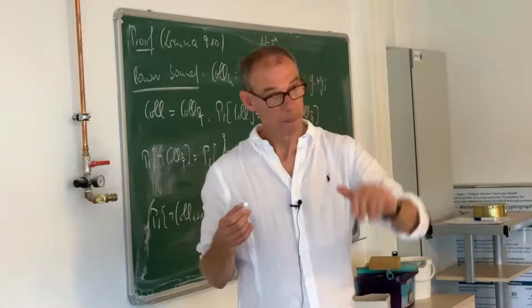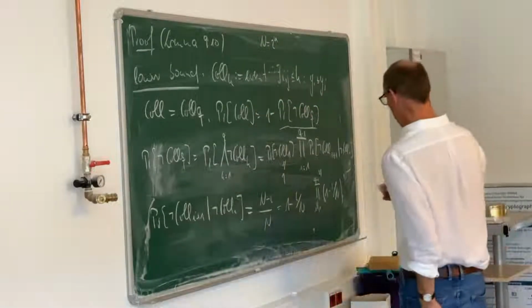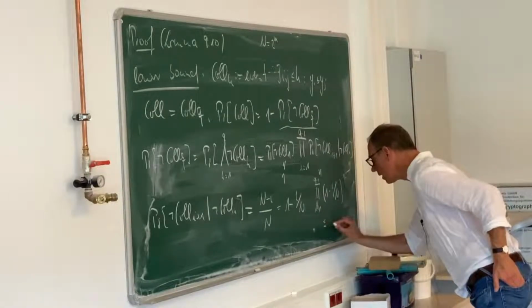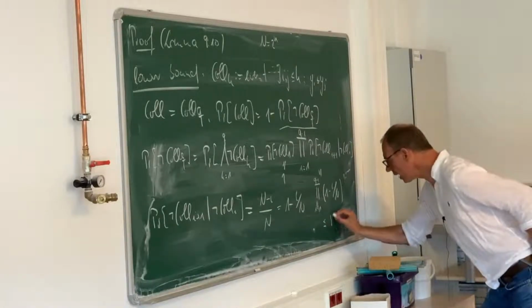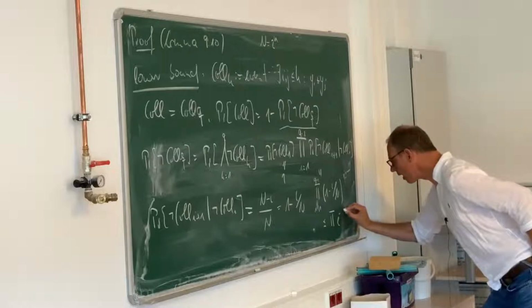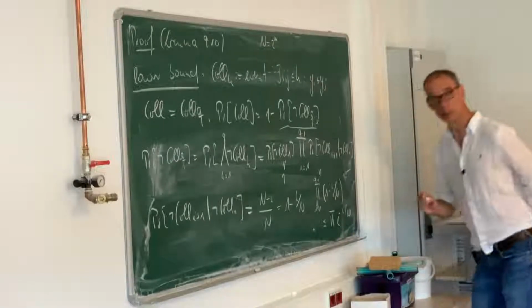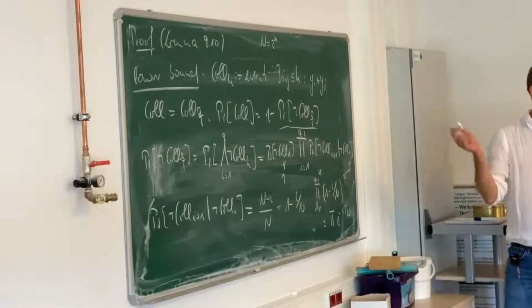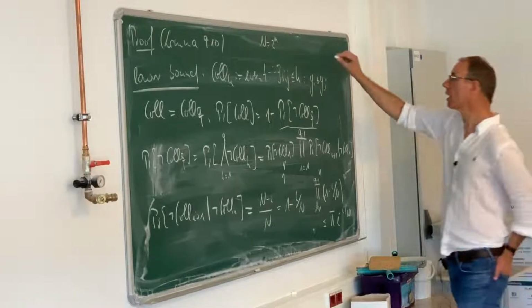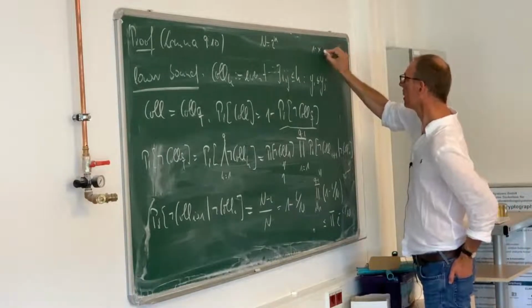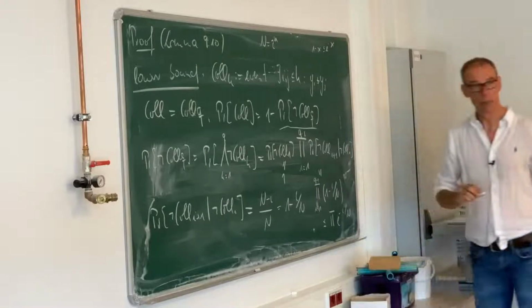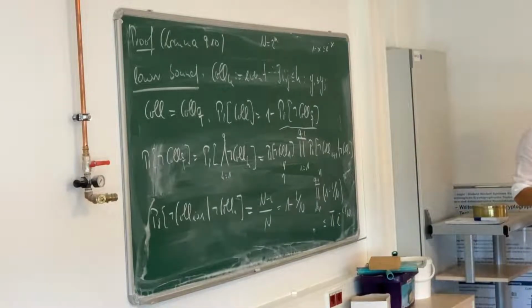So then I can replace this here by the product e to the minus I divided by N. By my first thing which says that 1 minus x is less than e to the minus x.